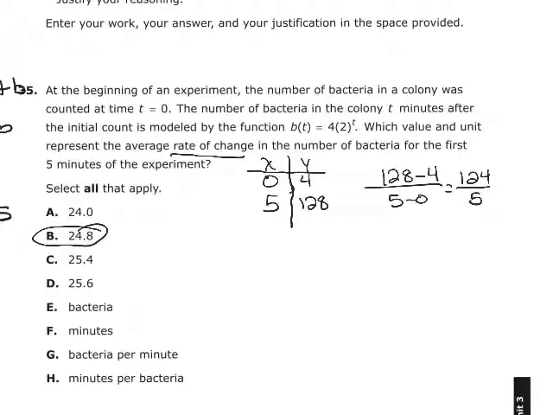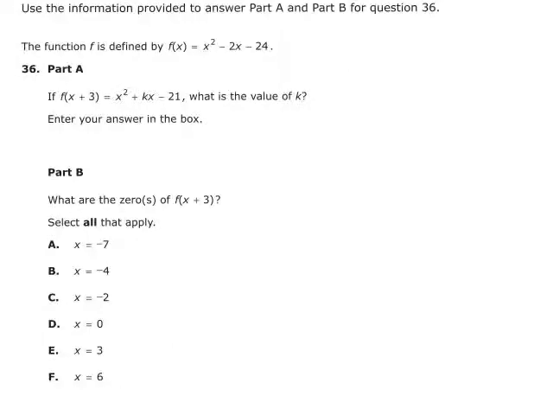That's your rate of change. And then you have bacteria per minute, because your minutes is your t and your bacteria is your b. So it's b of t, it's bacteria per minute is 24.8. All right. I've got this figured out now.